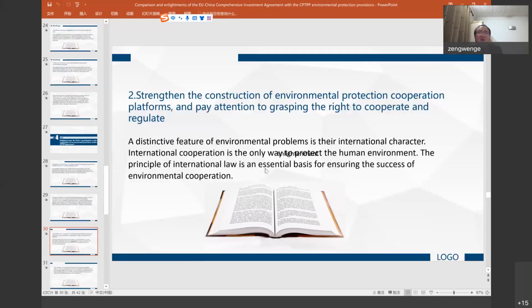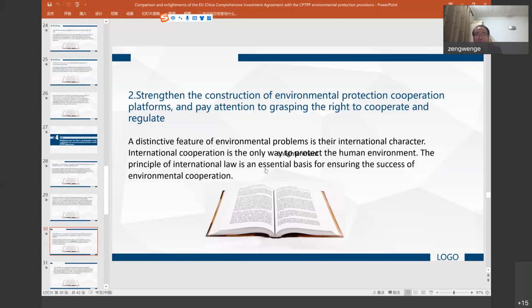The second is to strengthen the construction of environmental protection platforms and pay attention to grasping the right to cooperation and regulation. In China, platforms are very popular, for example, internet sale platforms and the like. So it is a very important word for China.